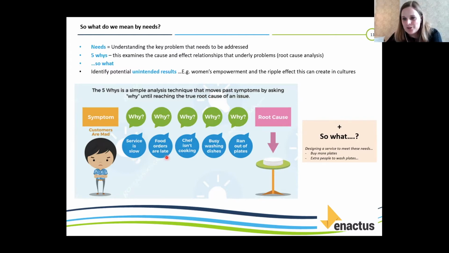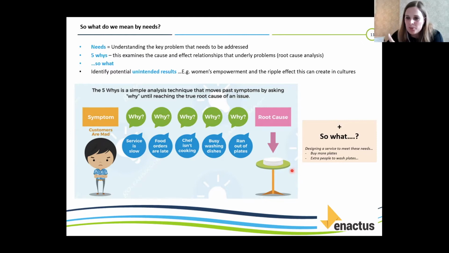And why are food orders late? Because the chef isn't cooking. And why is the chef not cooking? Because he's busy washing dishes. And why is he busy washing dishes? Because he's run out of plates. So then we know that the root cause is that there's a lack of plates. And so for our so what, we might think, well, the restaurant could buy more plates to overcome that problem.